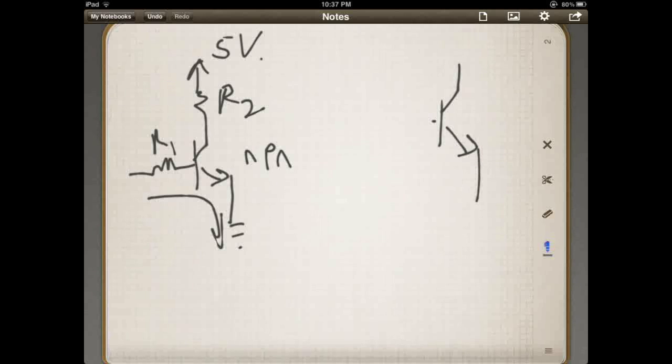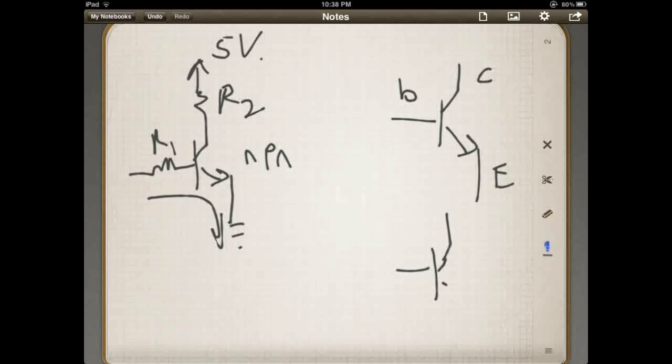I apologize. Let's back up for just a second. With a transistor, you have the base, the collector, and the emitter, which is what these different points are called. You can always tell the emitter because it's the one that has the arrow. On a PNP, it should be backwards.